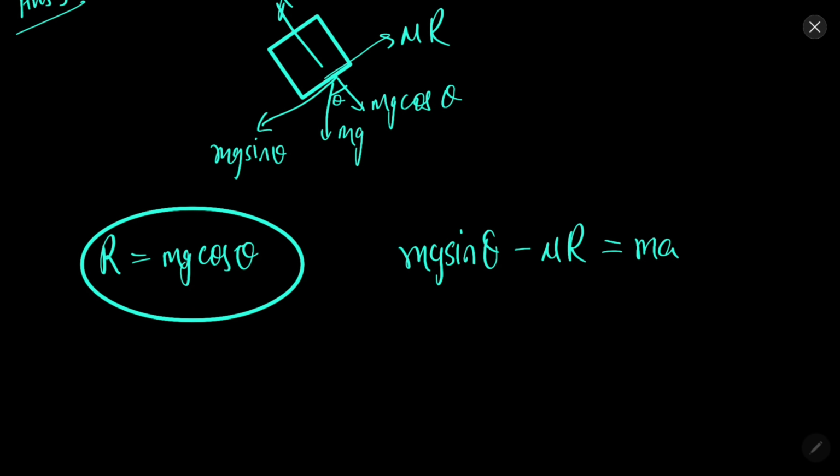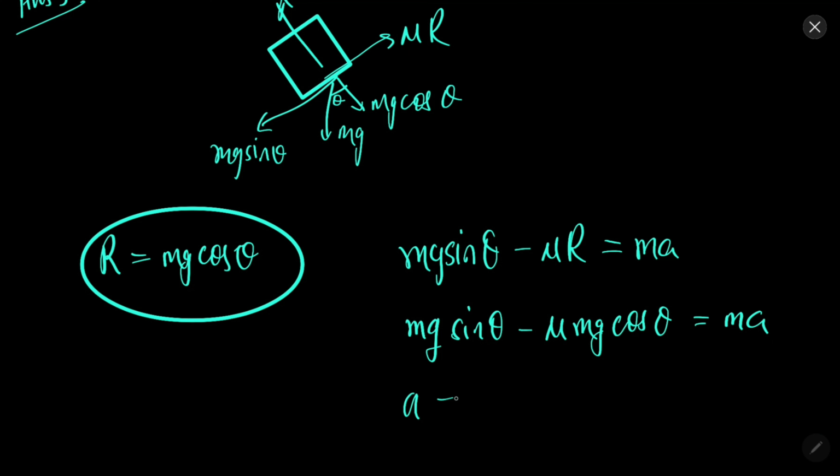So let's put the value: mg sin theta minus mu mg cos theta equal to ma. Now this is quite simple, m and m will get cancelled. So a will be equal to g sin theta minus mu g cos theta.